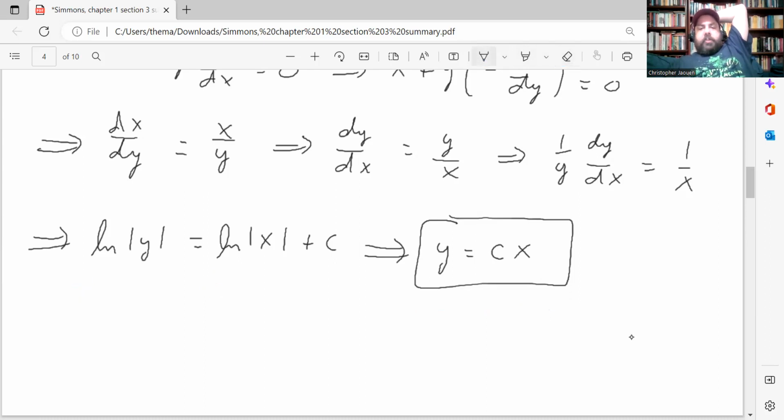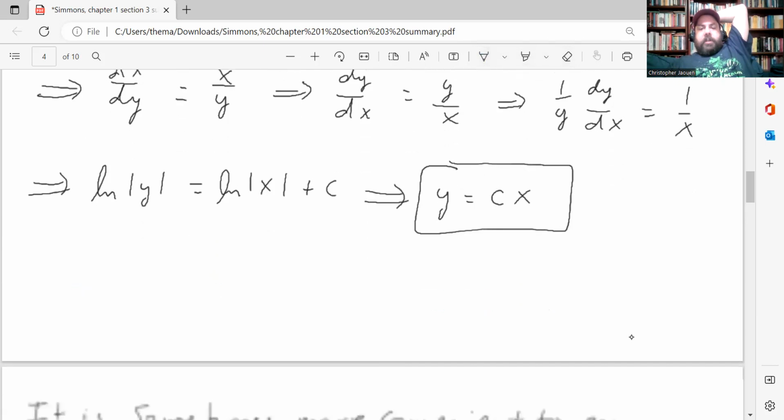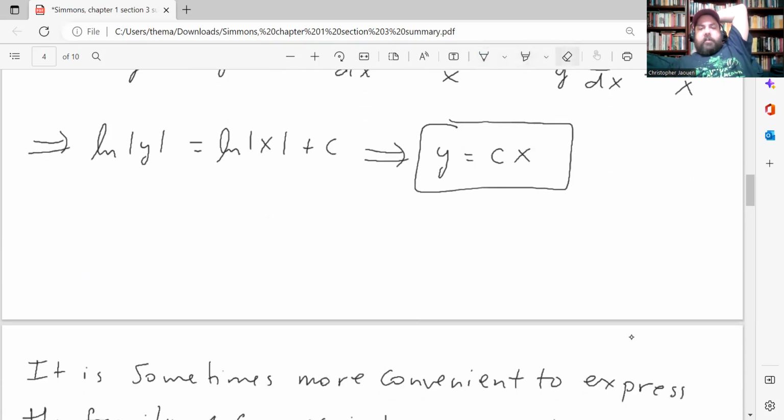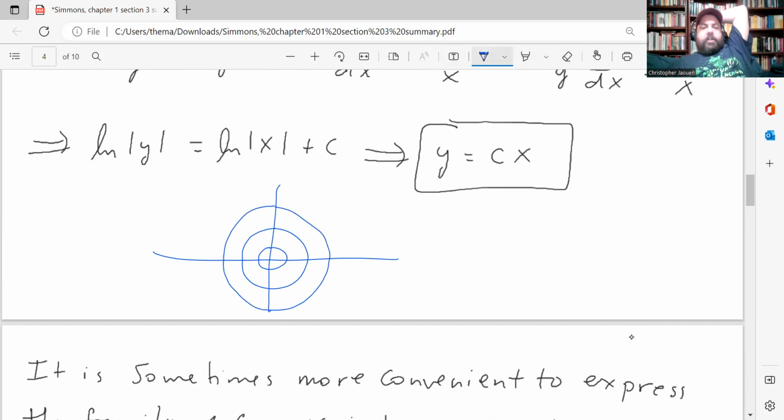And I'll draw the picture just so you can see what the curves look like. So the circles that are centered at the origin, they look like this, right? And so on. There's an infinite number of them. The lines that pass through the origin with slope c look like this.